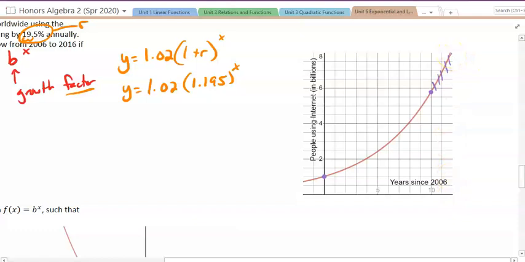Not quite yet. So this model doesn't fit when we get past 2016. And of course, does the model fit for before it starts in 2006? It might, but it's not a guarantee either. Again, this model works for the years 2006 to 2016.